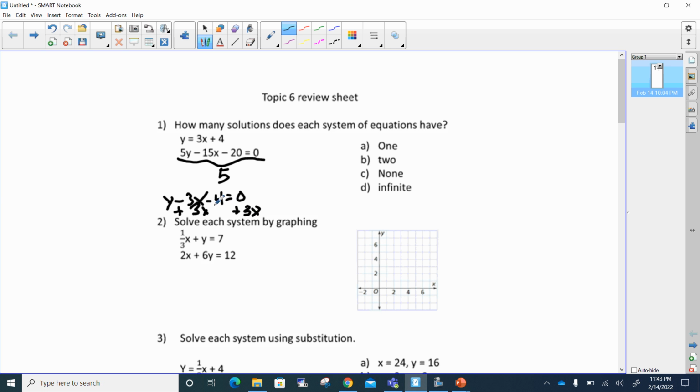I'll also have to add 4 to this side to get rid of it, which means I would add 4 to this side. So now I can rewrite this one. I have y on one side now, and it has to equal 3x plus 4.